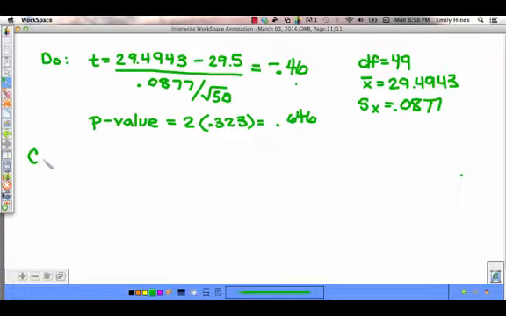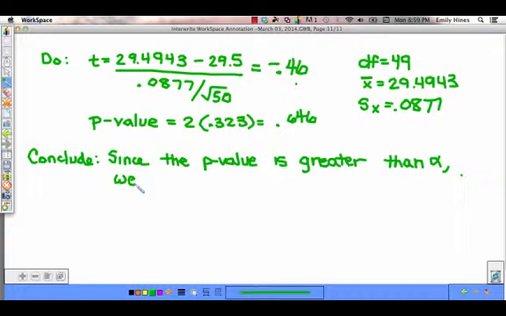Then I conclude. Okay, in the same way that we always do. Since the p-value is greater than alpha, we fail to reject the null.